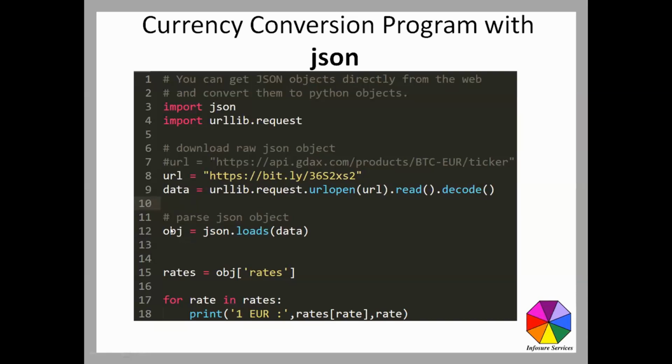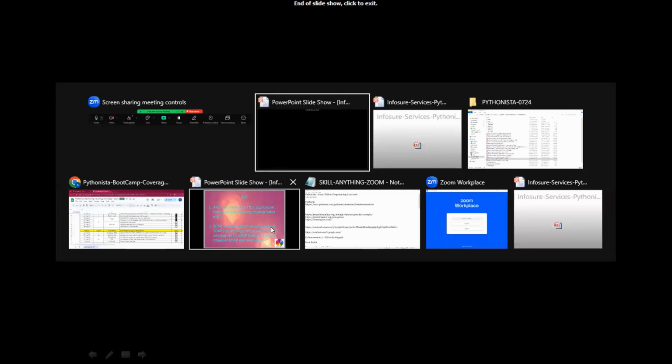Here we're receiving a string, and that data is loaded into a Python dictionary object, and we are reading the rates, looping through each rate to print it out. So that's what we have seen, and we saw other examples.